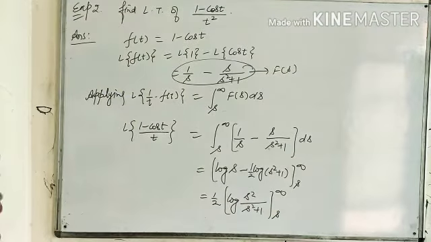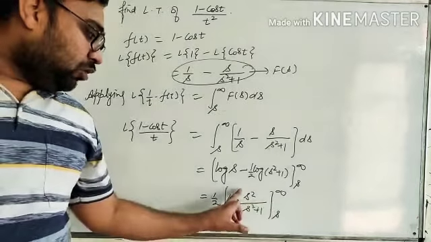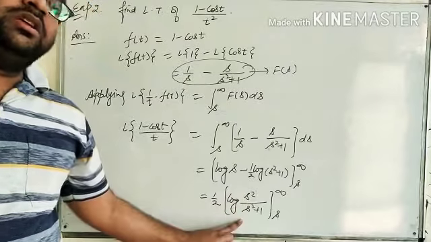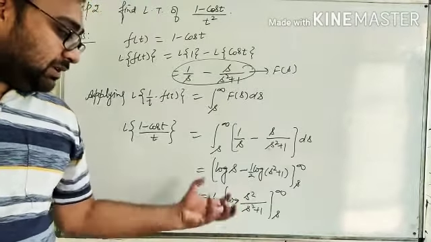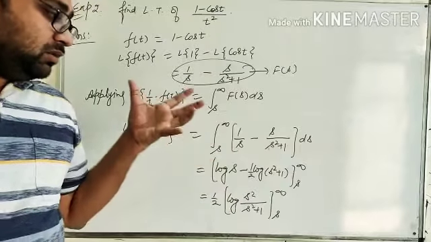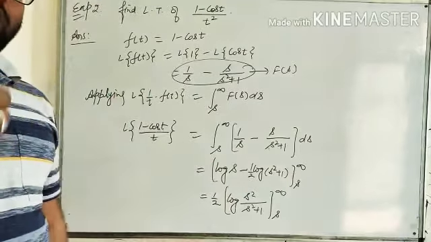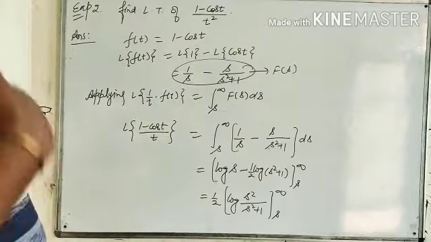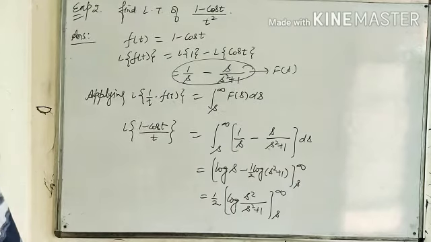Now to put the limit infinity, we have to take common the highest degree term from the numerator and the denominator, so that the highest term will be removed and the remaining terms will be in the form of 1 upon s, or 1 upon s square, or 1 upon s cube. That is, when we put s equal to infinity, it will become 0.